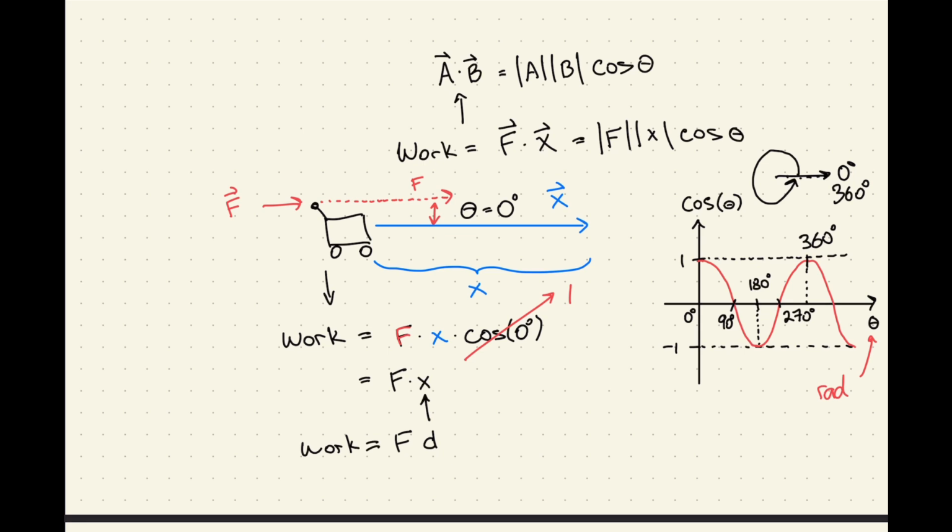This is normally how they introduce work in a lot of classical mechanics courses, but the important thing is that the full way of writing it is actually force dot product displacement. The reason is that it takes into consideration the angle between these two vectors.